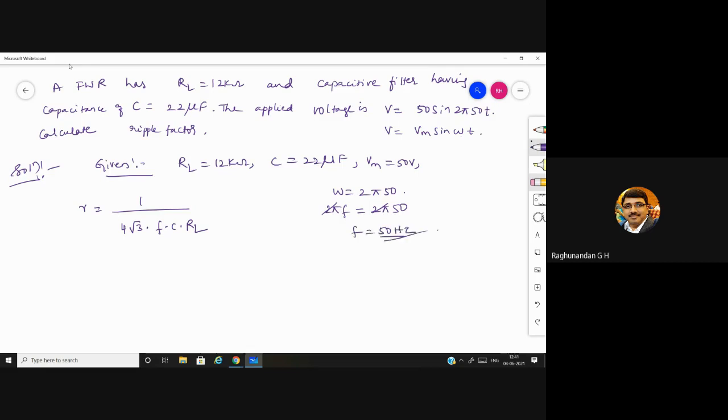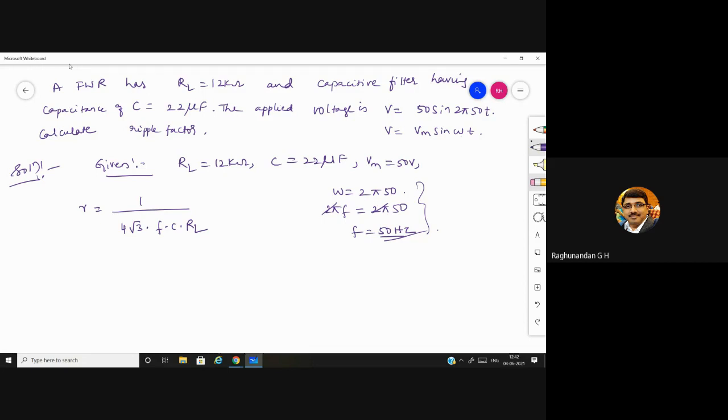Even though you know the standard frequency is 50 hertz in India for AC signal, if they have given an equation like this, you have to show the steps. Don't write f is equal to 50 hertz directly, because sometimes they'll allocate some marks for this also.